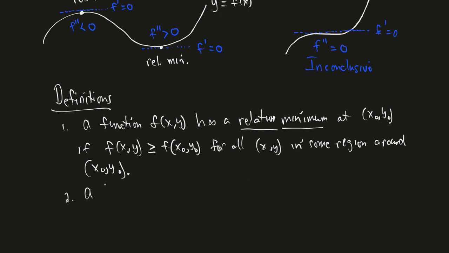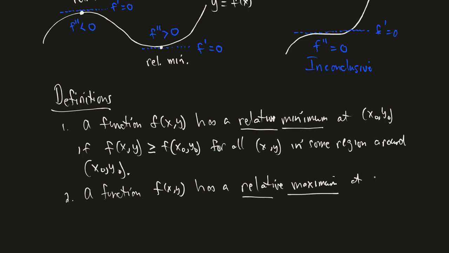And then similarly, a function f of x, y has a relative maximum at x0, y0 if all the values on the surface are less than or equal to that specific surface value at that point.